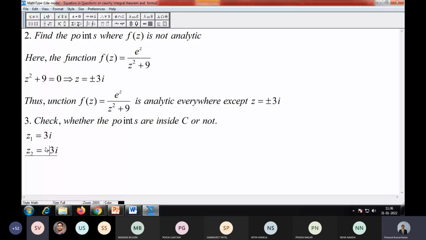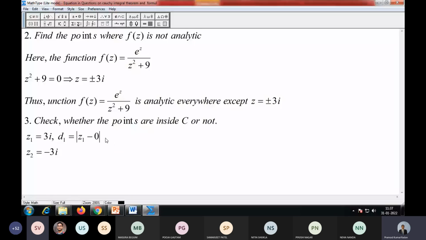To find the distance d1, d1 is the modulus of z1 minus z2, where z2 is the origin.